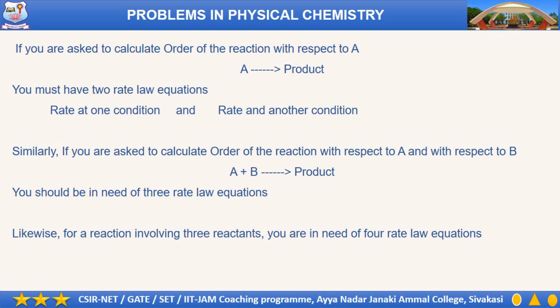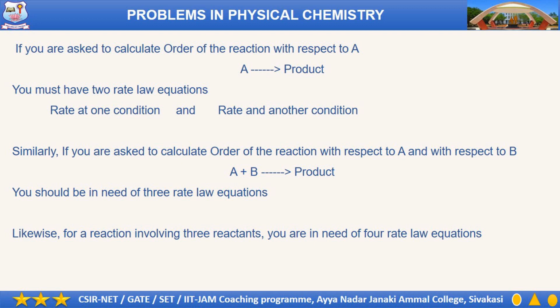If you are asked to calculate only one reactant's order, you will have two rate law equations: the rate at one condition and the rate at another condition. Whenever two sets of equations are there, we can calculate the order of one reactant.